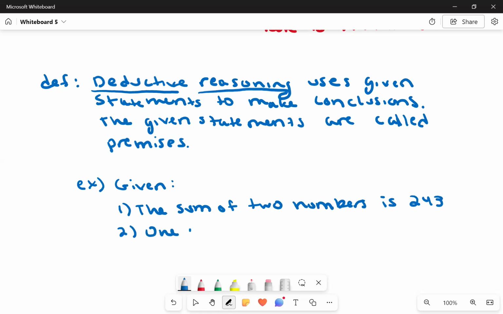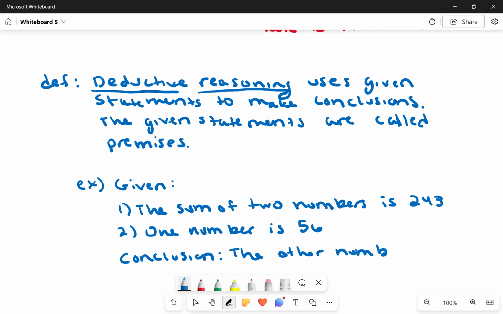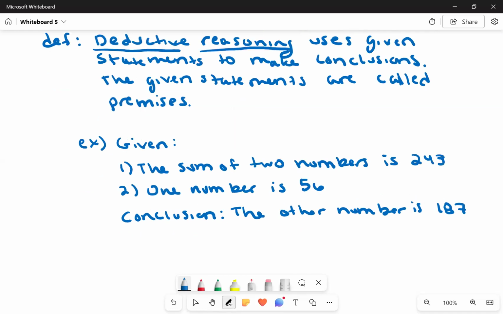One number is 56. Conclusion, the other number is 187. So this is a deductive argument. It's taking those two premises and making its conclusion.